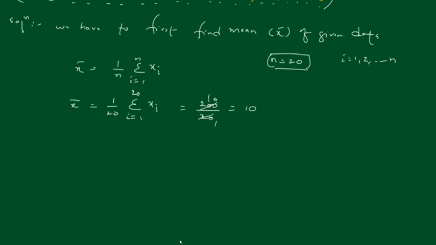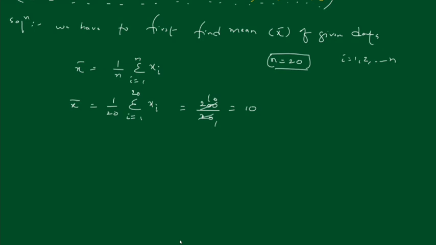So the next step, what can we do here? In the next step, we have to find the deviation from the mean. And similarly, we have to find its absolute value also.